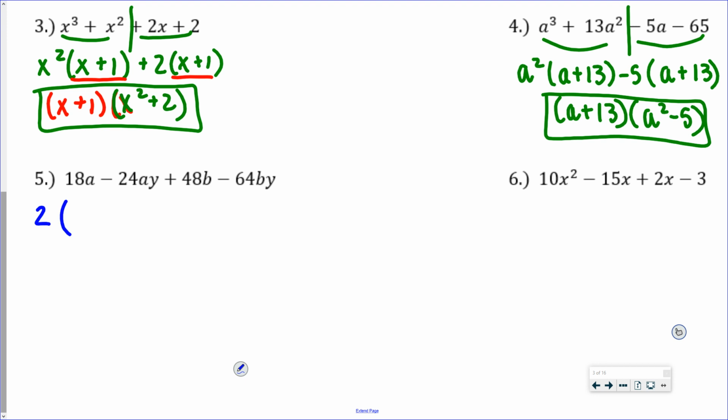So if I take a 2 out, I'm left with 9a minus 12ay plus 24b minus 32by. And then you can look at what your terms are left with. Yep, 9, 12, 24, and 32, they don't have any more common factors, right? So we know to choose their GCF. So don't forget about that first step still. Then you ask yourself, how many terms are left? 4. So what do we do? Factor by grouping.